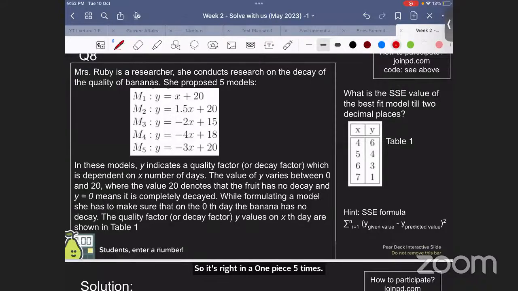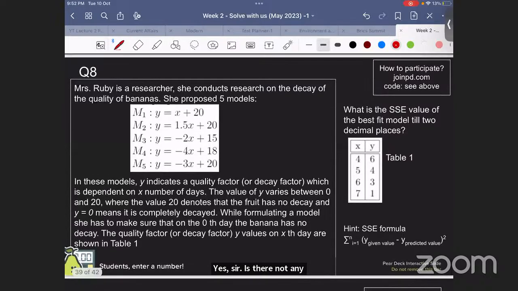Is there not any shortcut method? It's too lengthy. We are writing every quality factor 5 times. So it's so lengthy, but it is a very simple question.